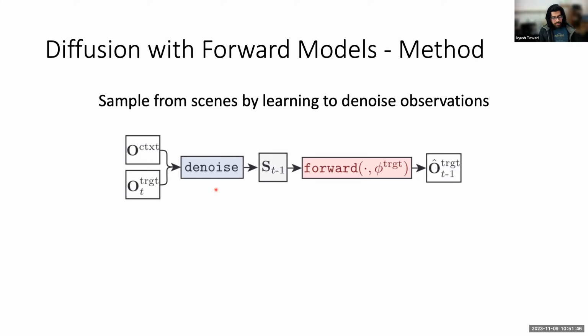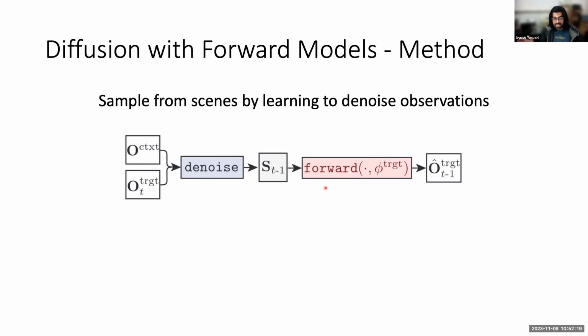So we solved that by introducing this new architecture where instead of directly learning to denoise this image from a different viewpoint, the network first takes these pairs, it computes an estimate of the 3D scene, the underlying signal, and then it uses the forward model, the renderer, to actually generate the denoised version of the target image, right? So the network is not allowed to be uninterpretable and just directly denoise it. The network has to first create an estimate of the 3D scene, the underlying signal, and only then it renders it to create the denoised version of the image.